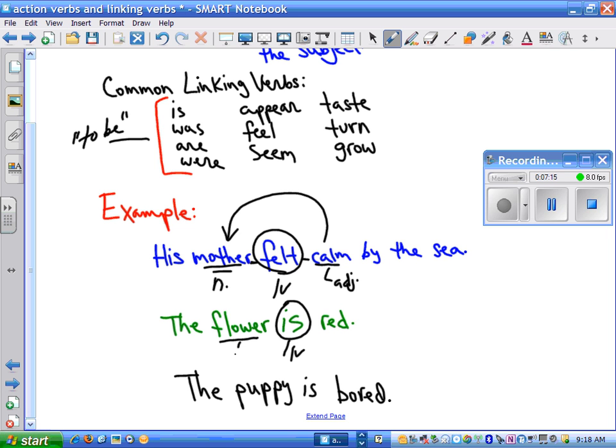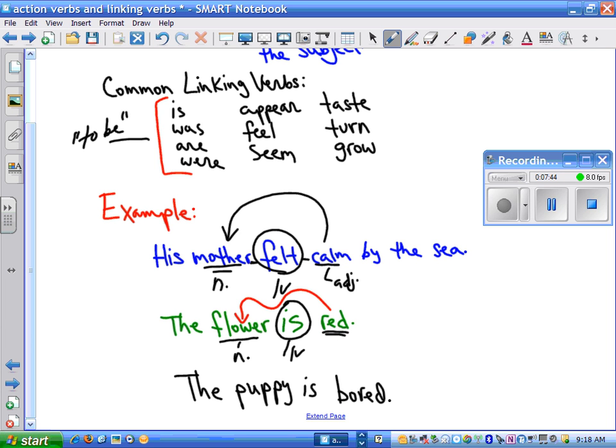Flower, of course, is our noun. And what information gets connected to it through that linking verb? It's red. There it is. What color is that flower? The flower is red. All right, so that linking verb connects red to flower.